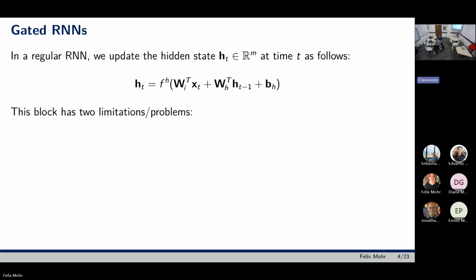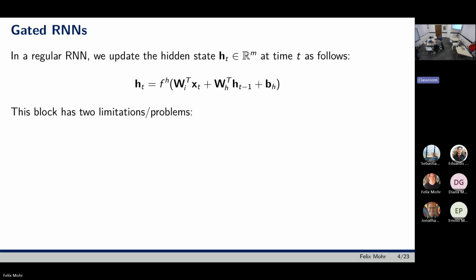So one problem here is, last week I explained the idea of this h as the way how I see the world. But now the point is that the way my previous state, my previous way of seeing the world, is incorporated does not depend on the current input.